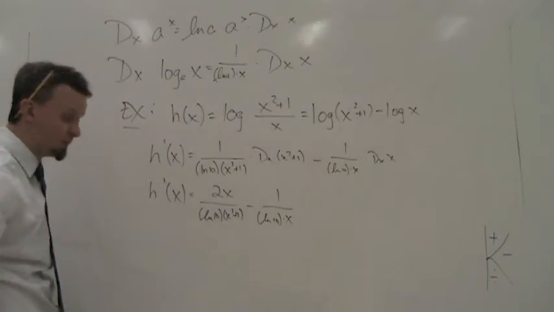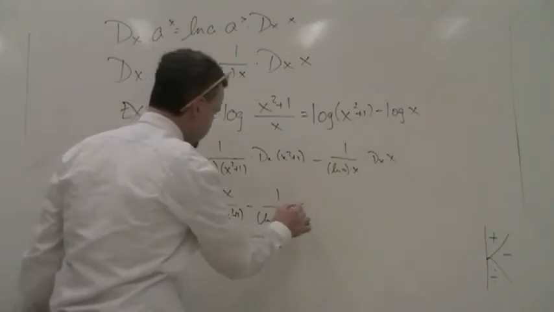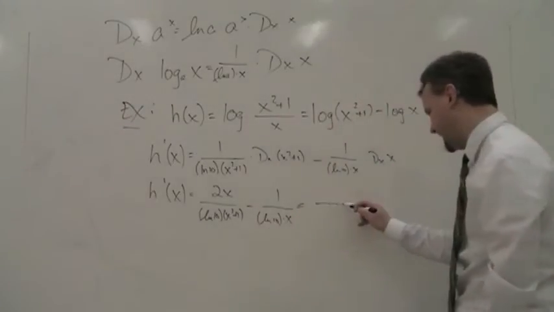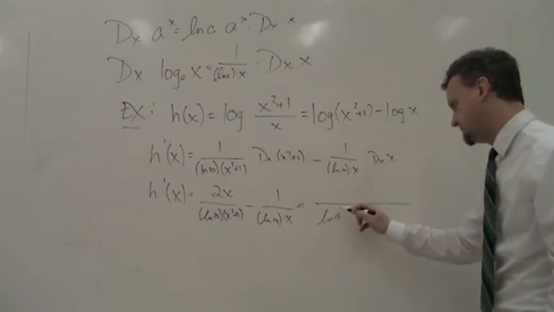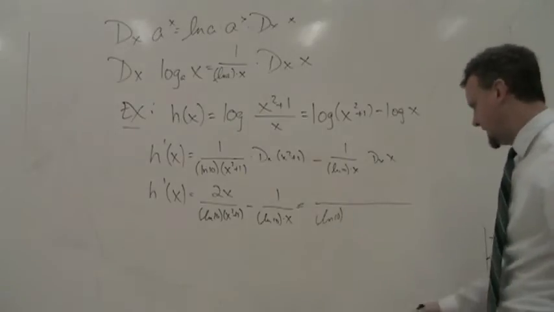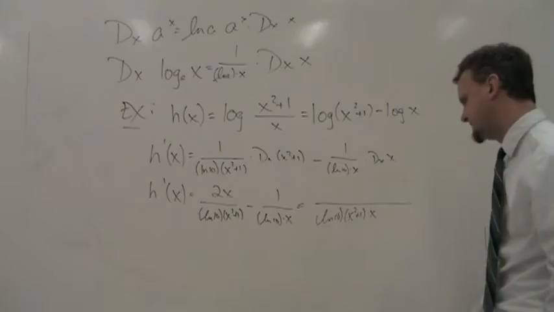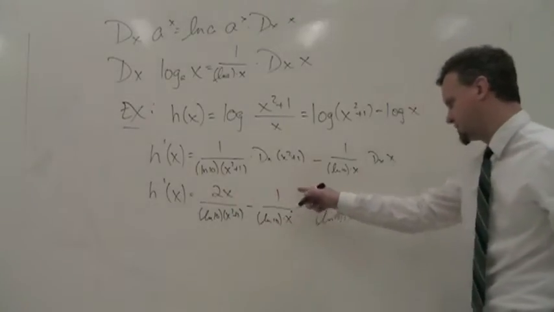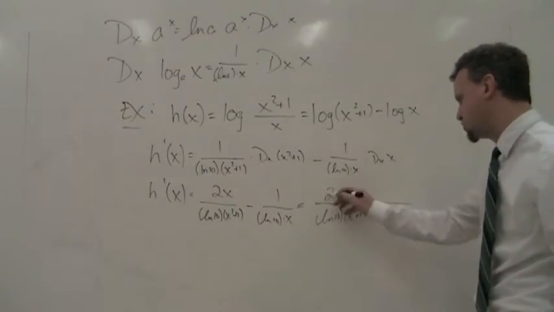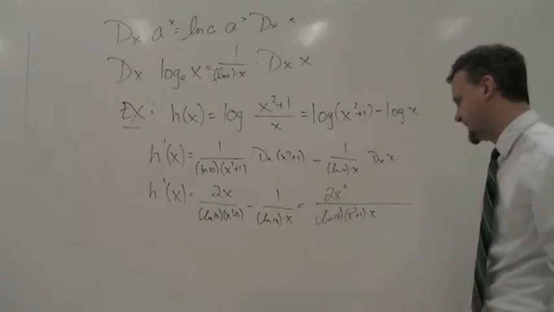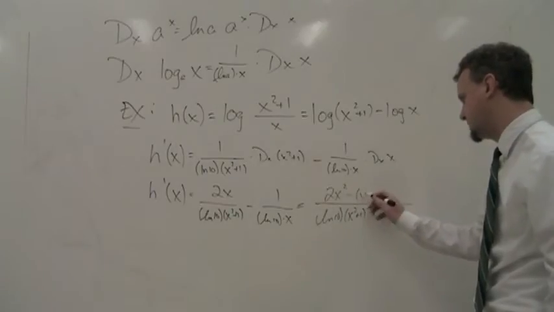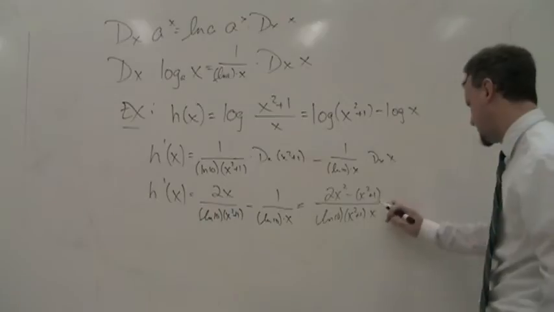Okay? We need a common denominator now to clean this up. The common denominator is ln 10, which already appears in both, times x squared plus 1 times x. So this first term needs an x, the second term needs an x squared plus 1. So we have 2x squared, that first term needed an x, minus quantity x squared plus 1.